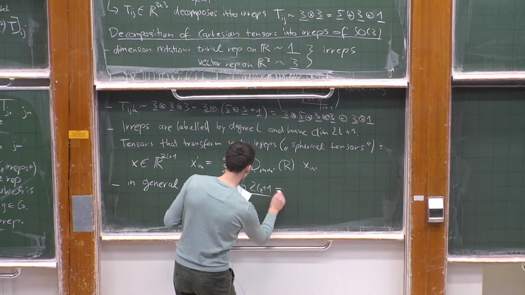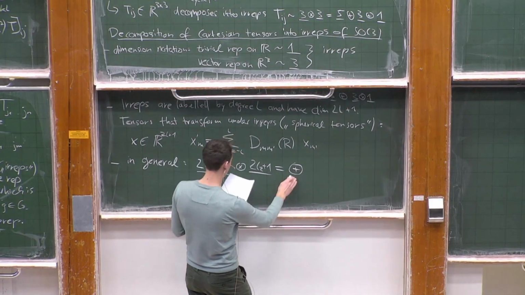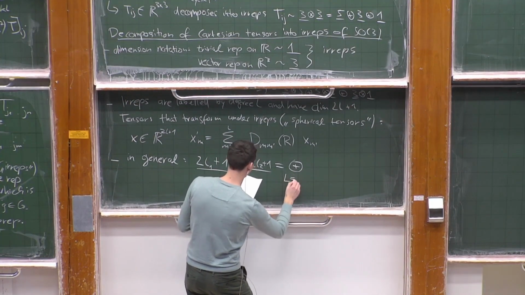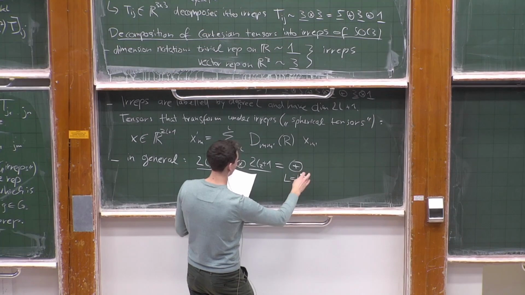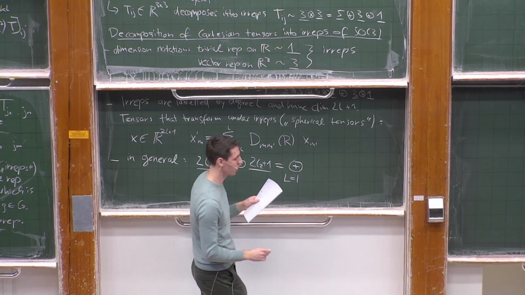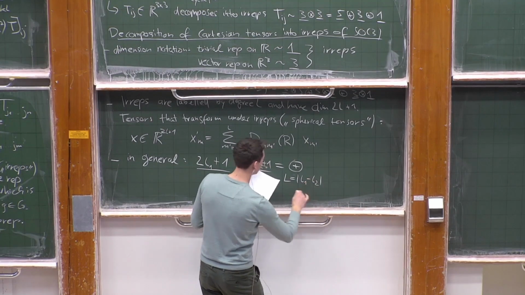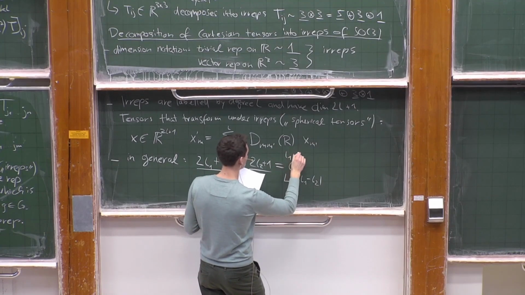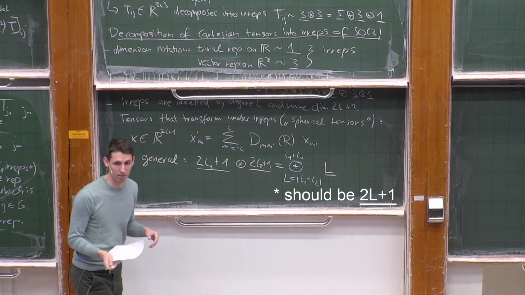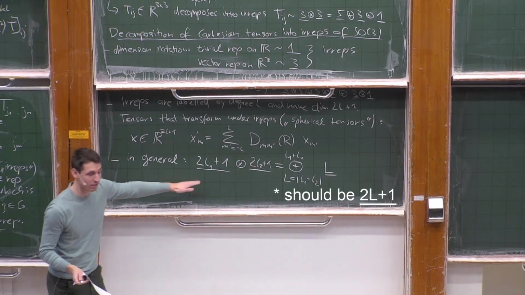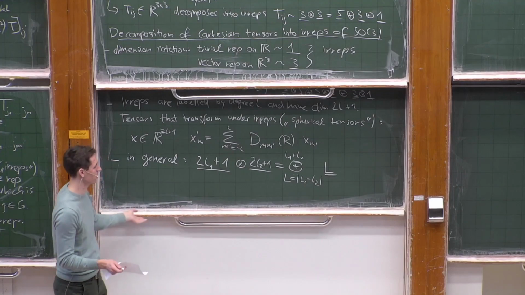And we can decompose this into a direct sum of irreps like so, where we take the label L for the combination of the irreps, and this runs over the absolute value of the difference of the two up until the sum of the two. And these will be all the irreducible representations in terms of dimensions which we will get if we take two irreducible representations and do a tensor product between them.